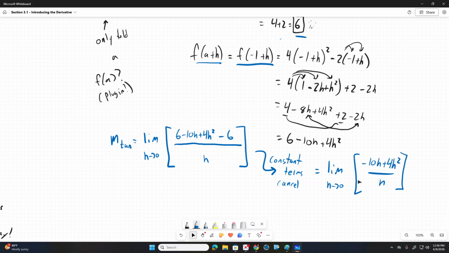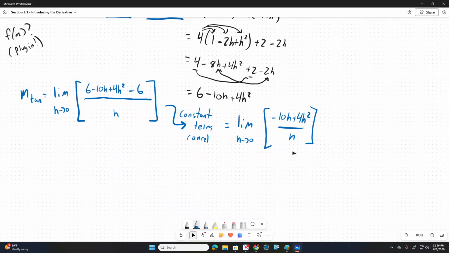Now, in the last one, I just kind of canceled both of these h's. Something slightly different I want to do is rewrite this real quick just to prove that I can do this. If you pull out an h from both of the top and an h from the bottom, essentially we're factoring it, we are allowed to cancel because h does not equal 0.